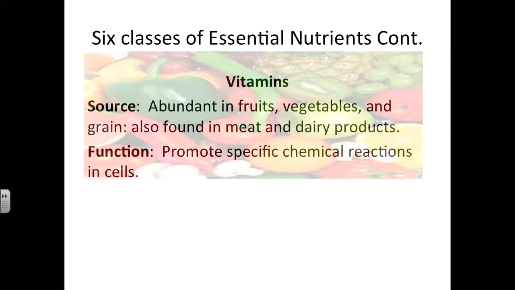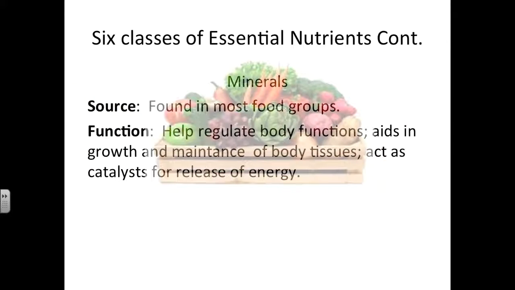Vitamins. We get our vitamins in fruits, vegetables, and grain, also found in meat and dairy products. Vitamins are important because they promote specific chemical reactions in cells. Minerals. We get our minerals in most food groups, and they help regulate body function, aid in growth and maintenance of body tissues, and act as catalysts for the release of energy.